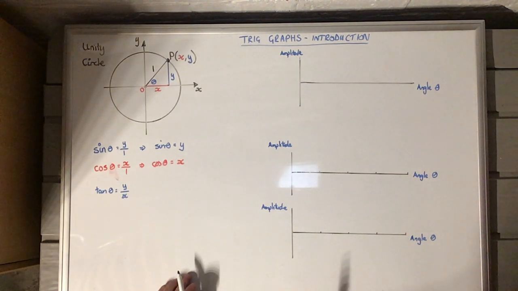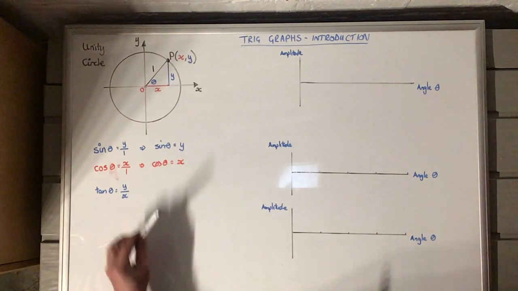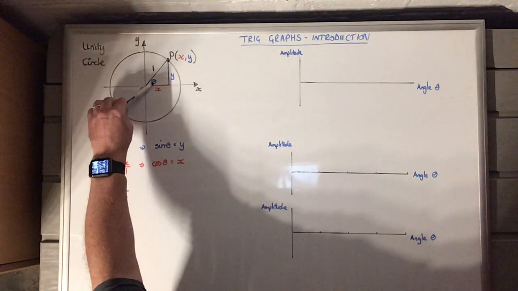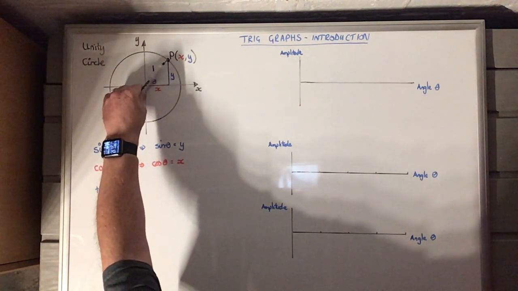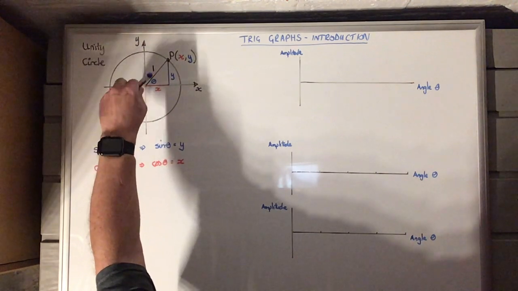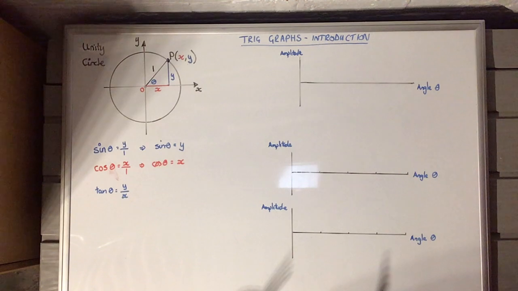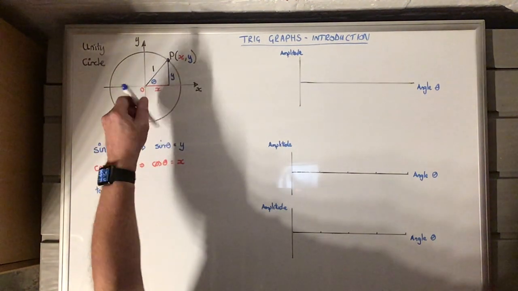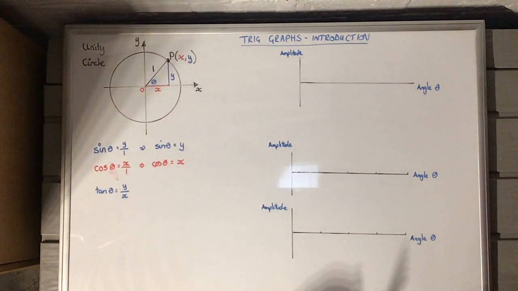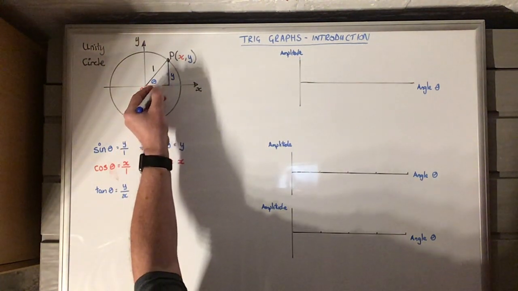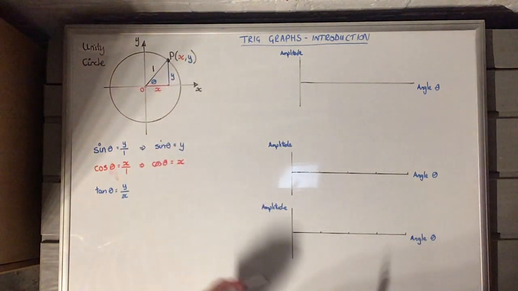So what we're going to do is plot the values of the angle as we rotate round this unity circle. It takes 360 degrees for us to draw the sine graph. It's the value of the y coordinate as we go round.